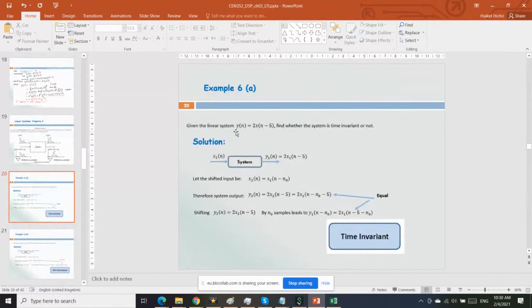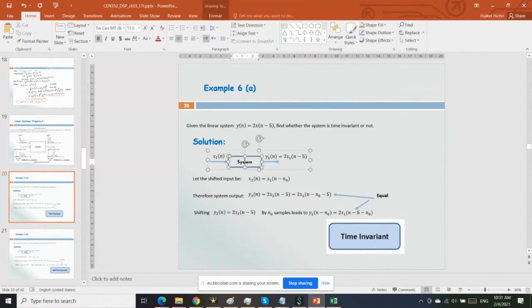Example: given a system y[n] = 2x[n] - 5, find whether the system is time invariant or not. So we do the same thing. We have y1 as the output of x1. Then let's assume that we have x2, which is a shifted version of x1 with n0.